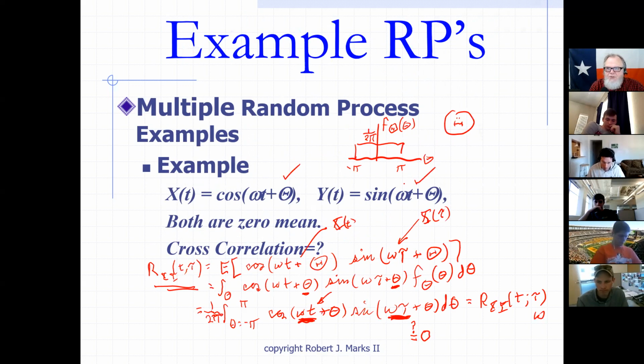One observation which should give you pause is that both of these stochastic processes share the same random variable, don't they? They share the same random variable. So I would think that it'd be kind of weird if there was no correlation between the two and they shared the same random variable. But it might come out that way. I don't know.